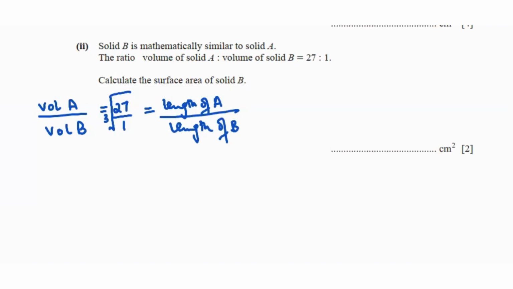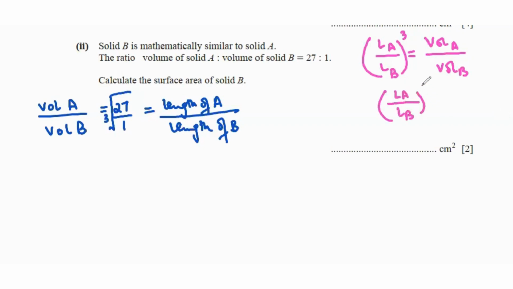So if I just quickly write that over here, LA over LB being cubed equals volume of A over volume of B. And if you're squaring them, length of A over length of B being squared equals area of A over area of B. That is the theorem for similar shapes.